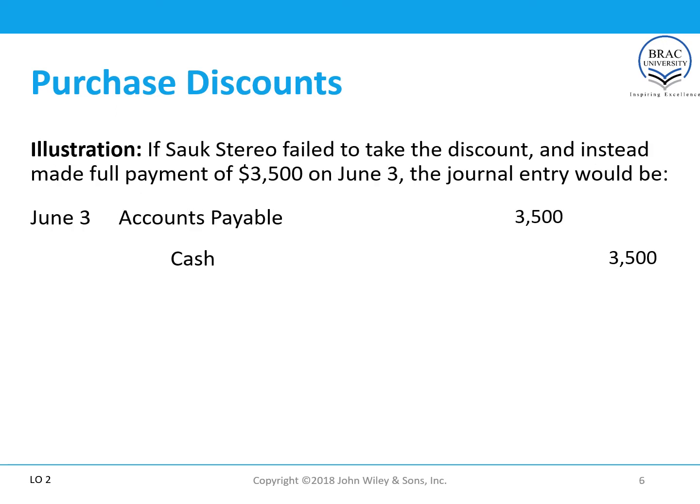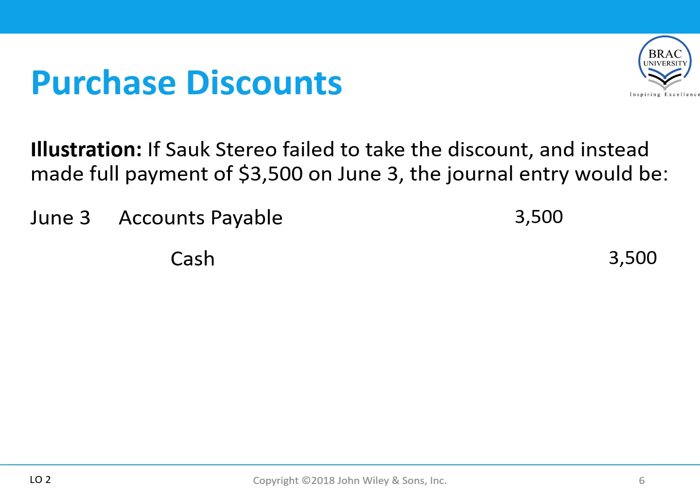Now let's consider another scenario where SOG Stereo is unable to pay within the discounted period, which means that SOG can no longer enjoy the 2% purchase discount. So in this case, SOG will have to pay the net invoice price, which is $3,500. Here, as you can understand, the journal entry will be pretty straightforward.